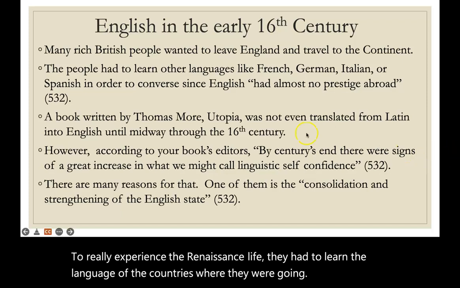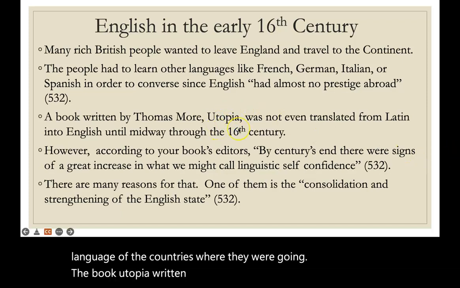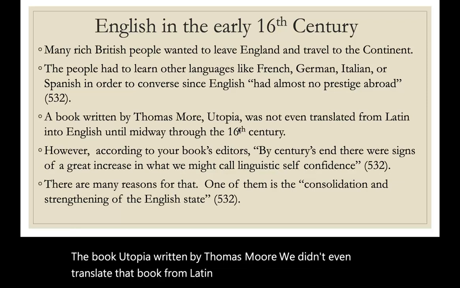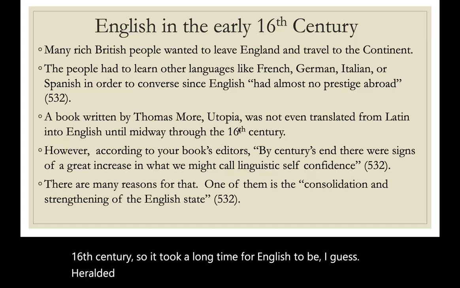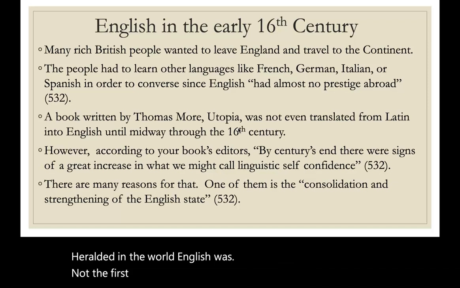The book Utopia, written by Thomas More, we didn't even translate that book from Latin to English until halfway through the 16th century. So it took a long time for English to be heralded in the world. English was not the first choice for languages.